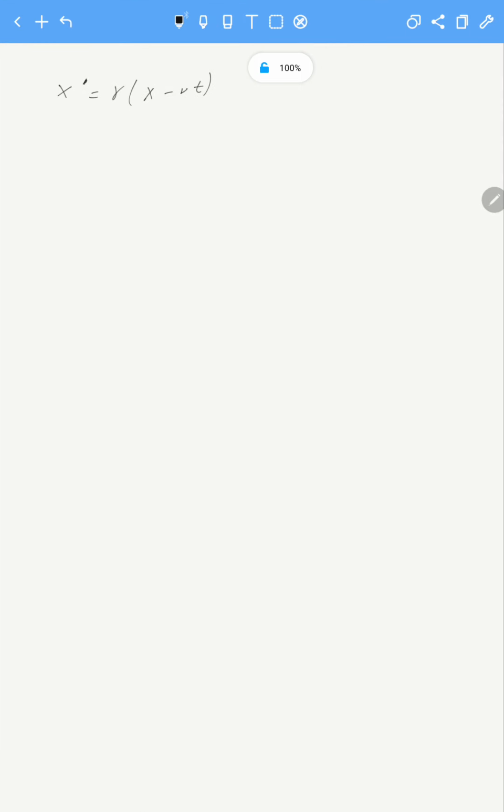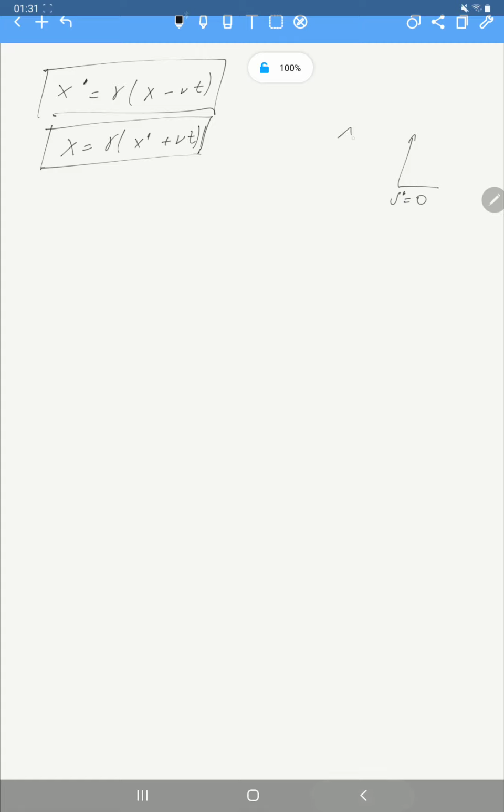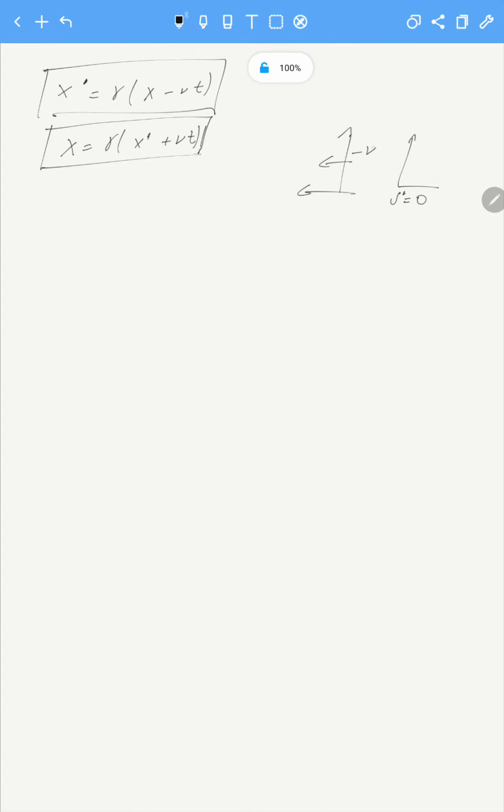So this is what we had from the length contraction. We are going to eliminate x prime. We can write x as this, thinking about the S prime as the frame that doesn't move, and S to be the frame that moves with the minus v velocity. So this all makes sense.